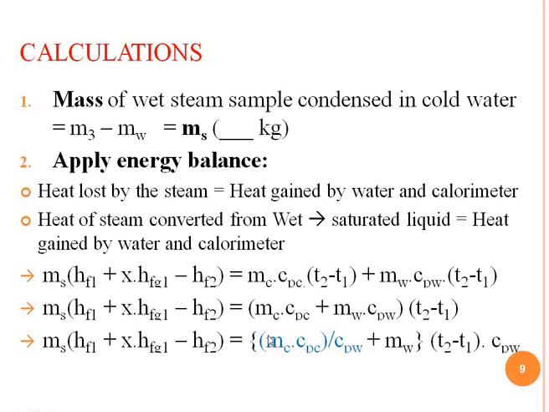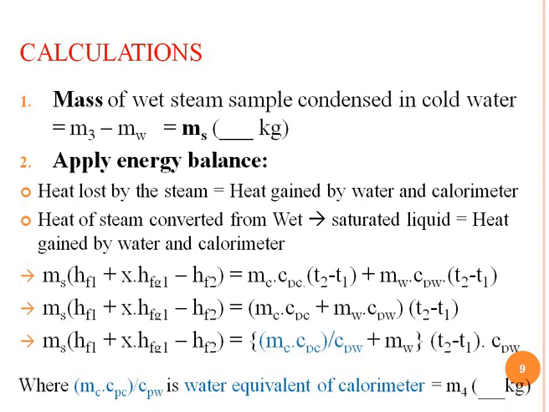Now, what is the need to do this? Here you can see it's a constant value. Mass of calorimeter is constant, Cp of calorimeter is constant, and CPW is also generally constant. So based on these three values, the first term will be constant, and in every experiment we will just be varying the mass of water only. So we have found one constant term, and it's named the water equivalent of calorimeter, and its unit is kilogram.